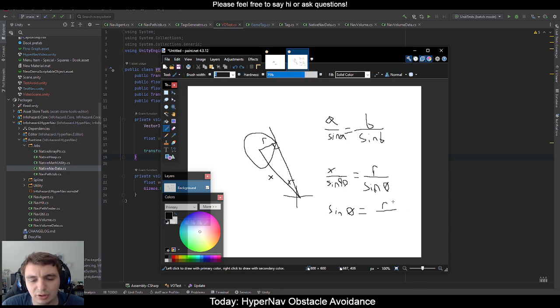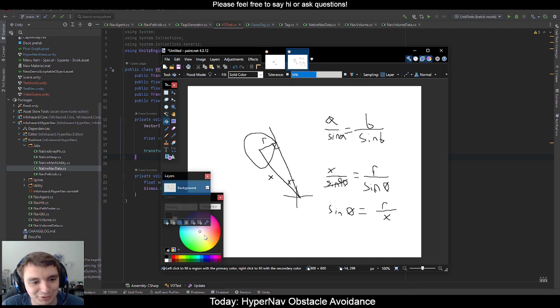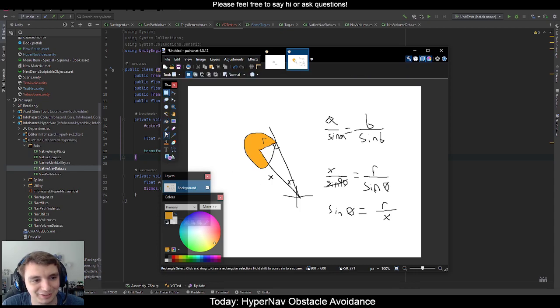So we can just use r, we just cross that out, over x. And yeah, actually, this is just simple trigonometry. I could have figured this out without the law of sines. It looks like a happy Pac-Man. Yeah, it really does, doesn't it? Might as well just do that.